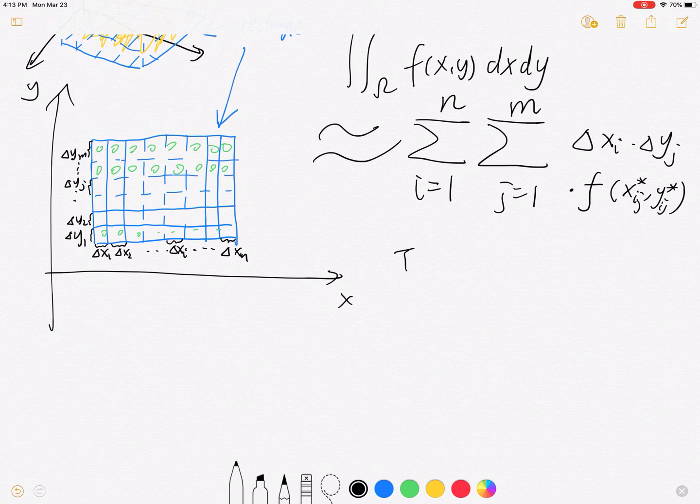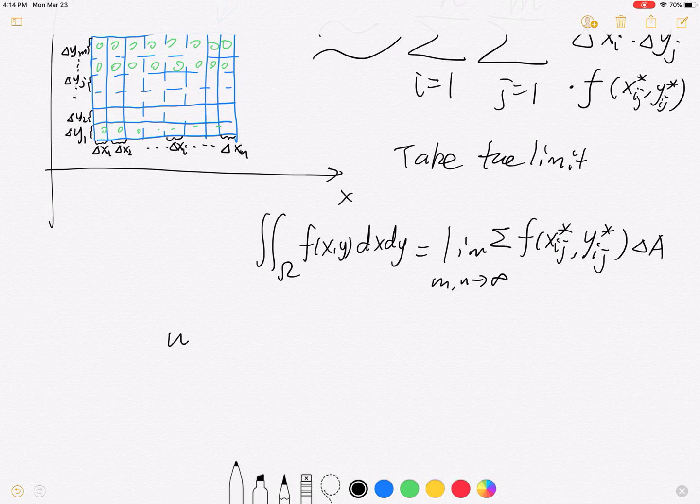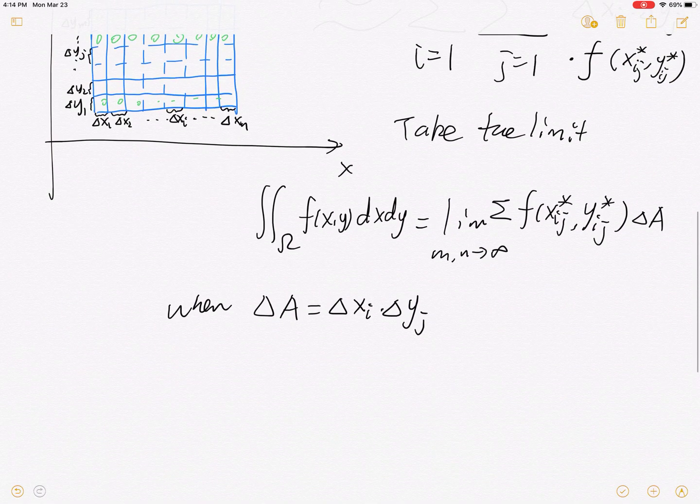Okay, then if we take the limit, we can define the integral to be a similar Riemann sum: f(xi star, yj star) delta A summation, where delta A is the area of the base, which is given by delta xi times delta yj.